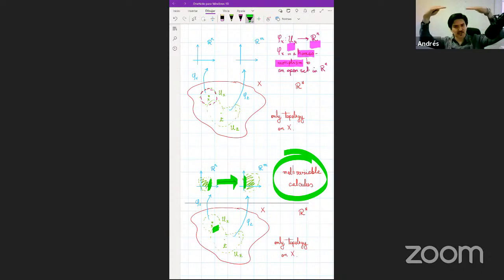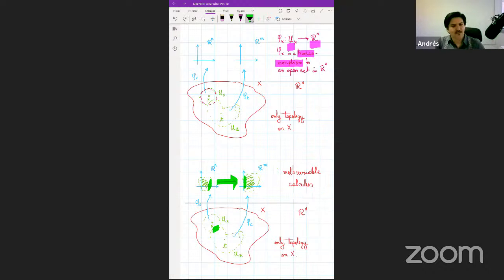You go to Euclidean space. And here, you know how to take derivatives. And that information of calculus, we will use to define calculus downstairs. That's basically what we are going to do.